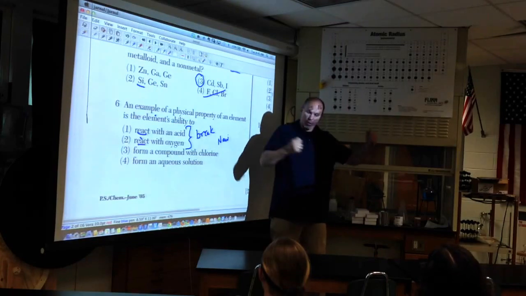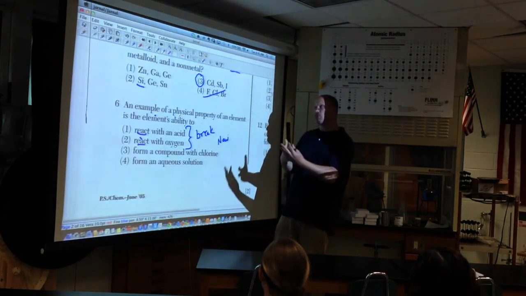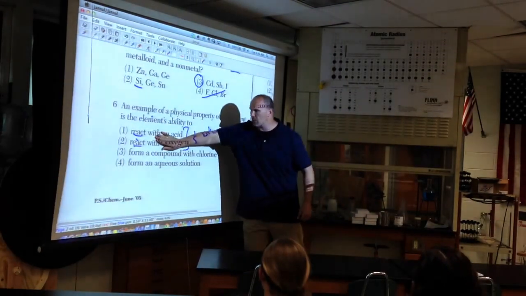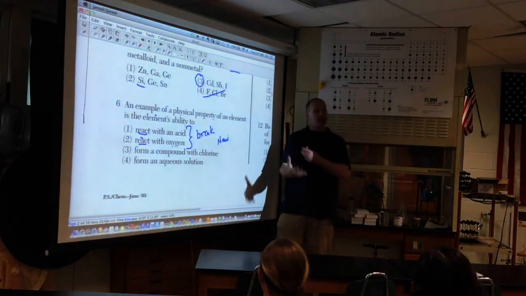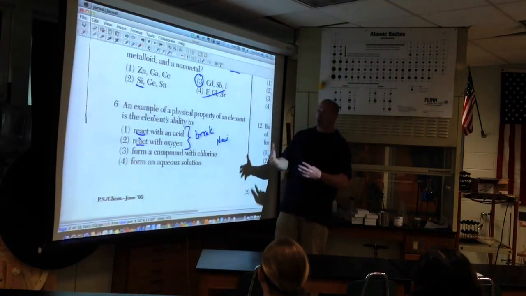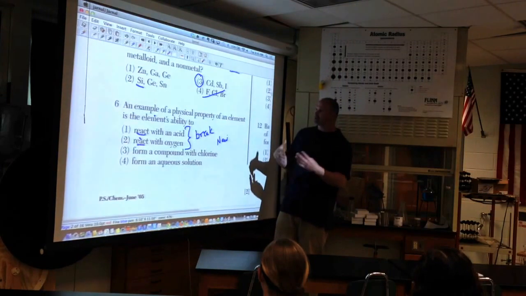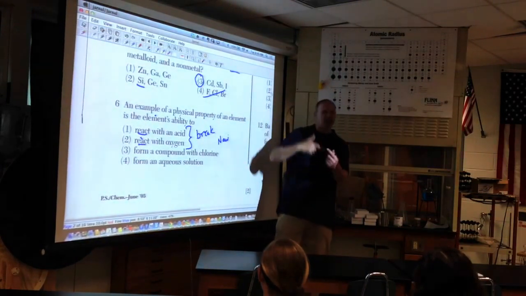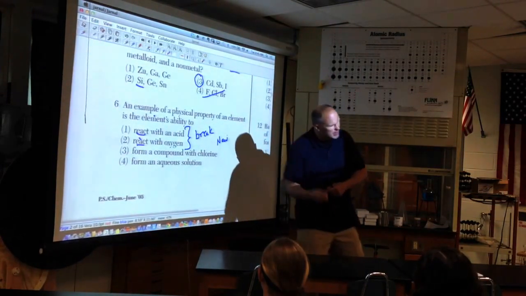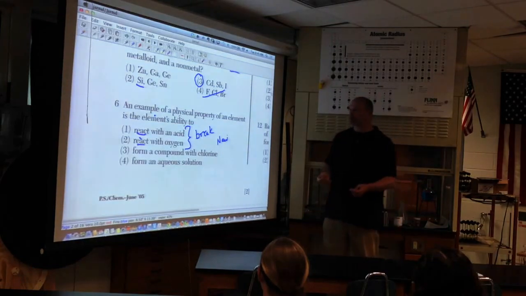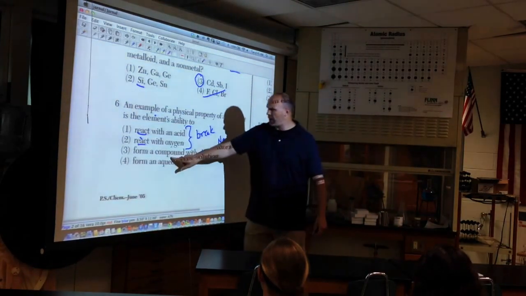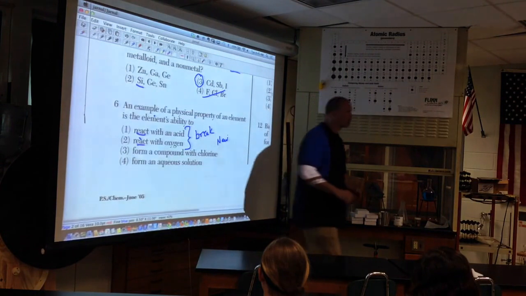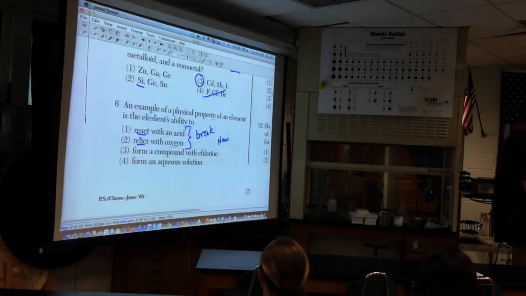You're going to pull bonds apart and put them back together and create some new compound. So this is a chemical property. A physical property is where you test something, but you're not changing or affecting its composition. So noticing its color, figuring out its density, noticing its melting point, all those are physical properties. Forming a compound is forming something new. So 1, 2, and 3 are all chemical properties.